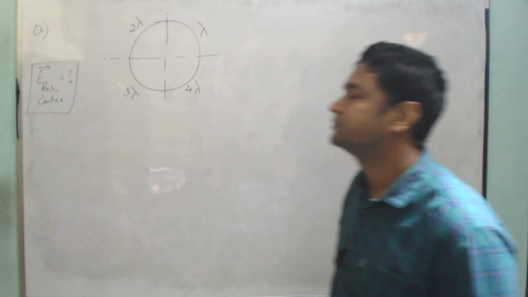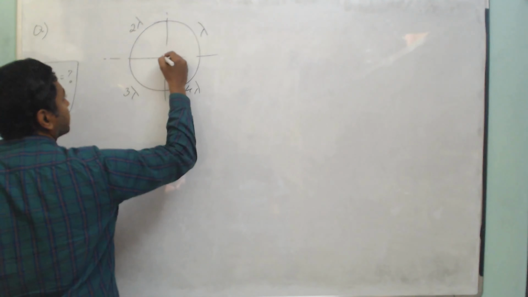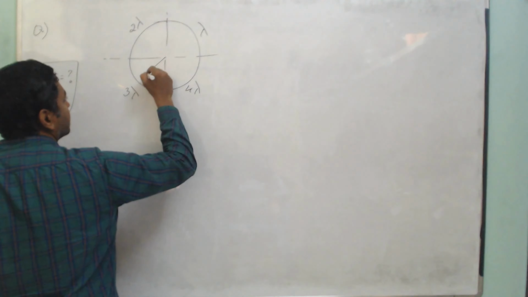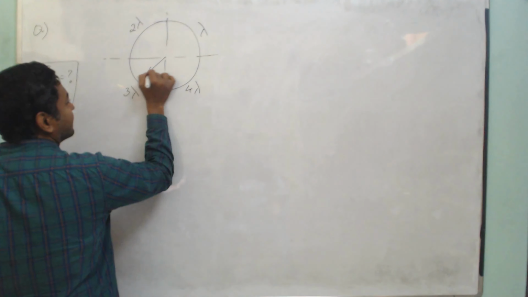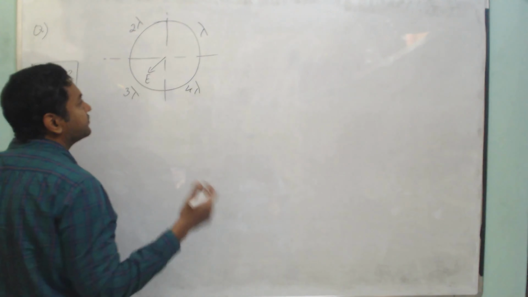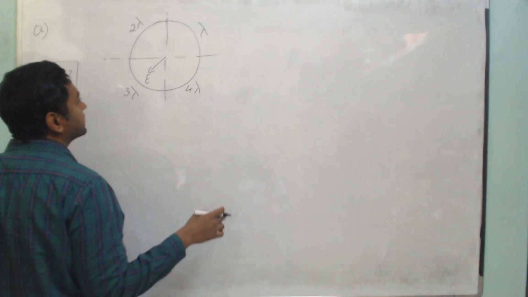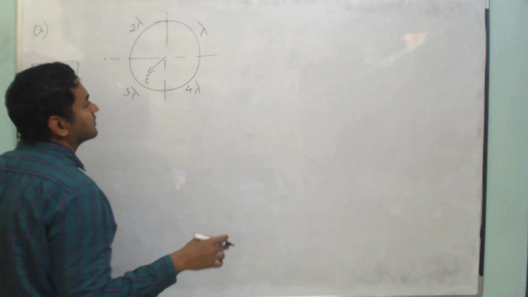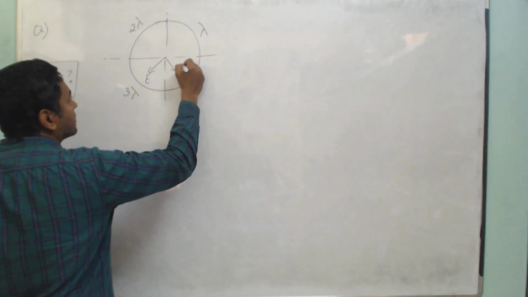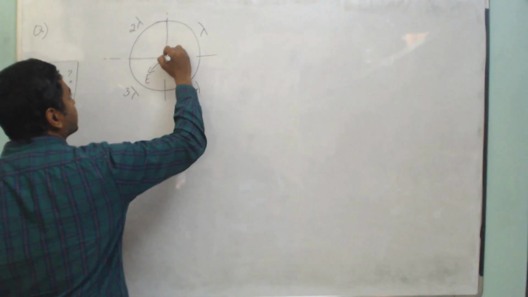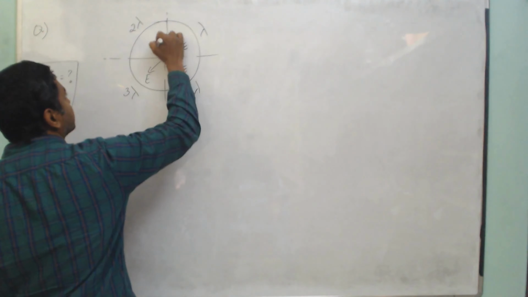Take a look. Let the electric field due to lambda be E. Then due to 2 lambda will become 2E. Due to 3 lambda will become 3E. And due to 4 lambda will become 4E.